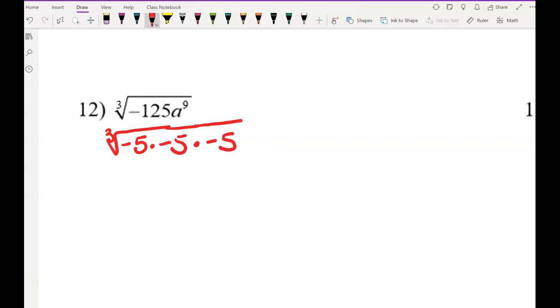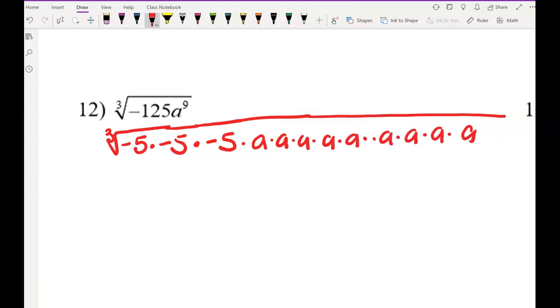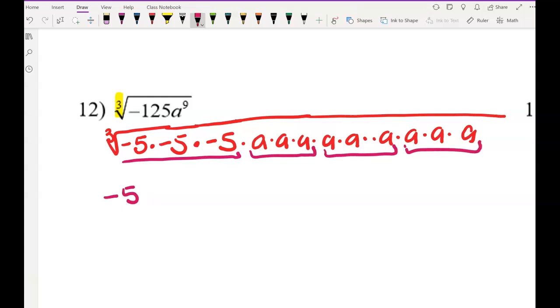And a to the 9th power, think of it as 1, 2, 3, 4, 5, 6, 7, 8, and 9. So 9 of those. Because it's an index of 3, for every set of 3 we can take 1 out. But if we keep writing these a's 9 times, what if we have a to the 91st power or a to the 513th power? We're not going to sit here and write it out like this every time.